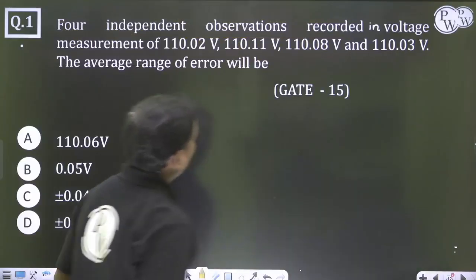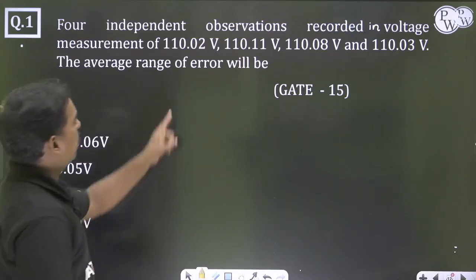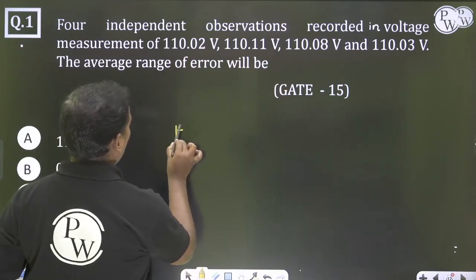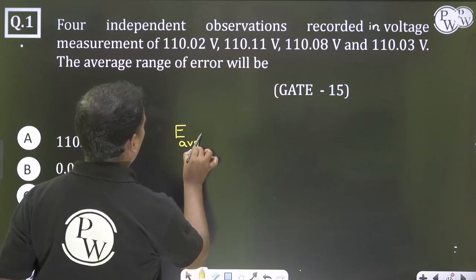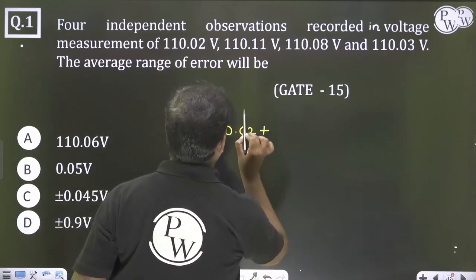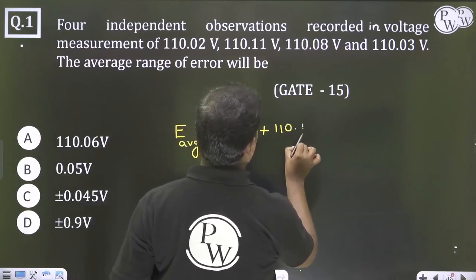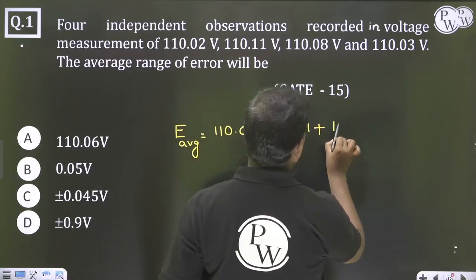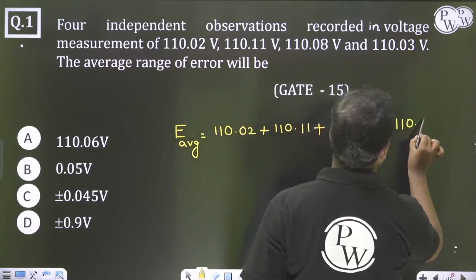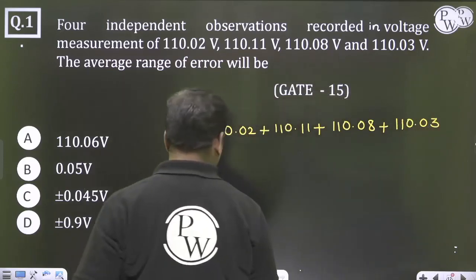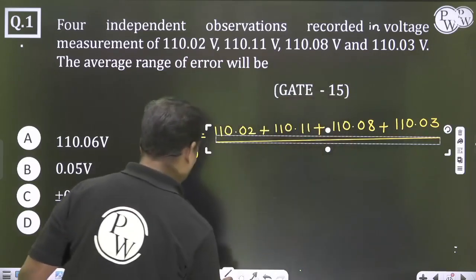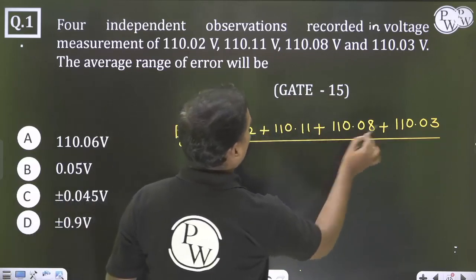So now, first of all, let us write the values and take the average. The average voltage I can take as 110.02 plus 110.11 plus 110.08 plus 110.03, divided by 4 observations.